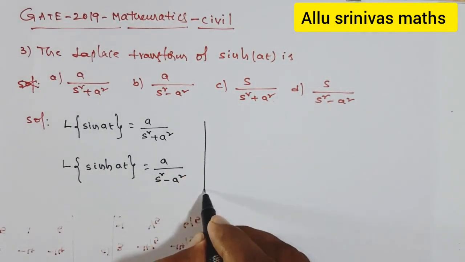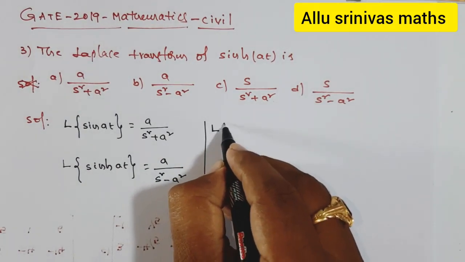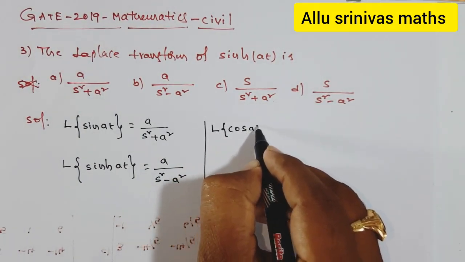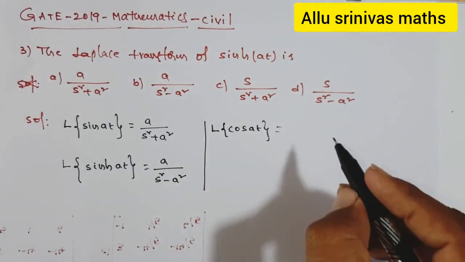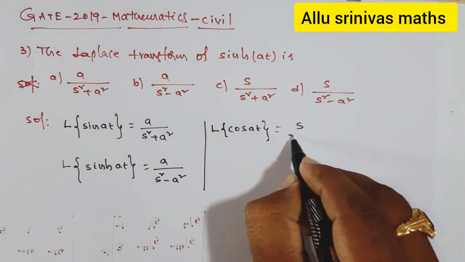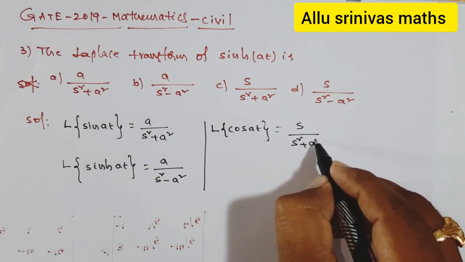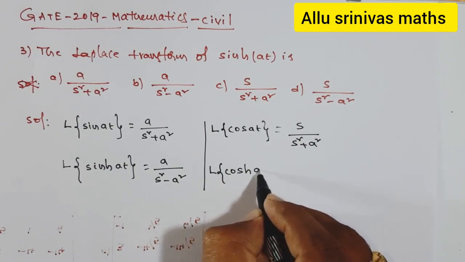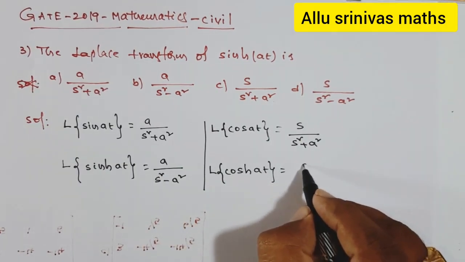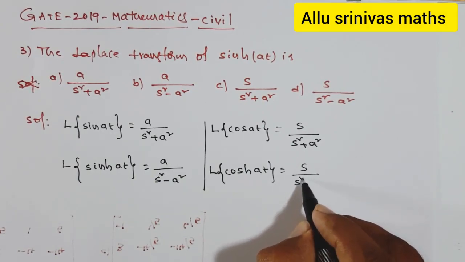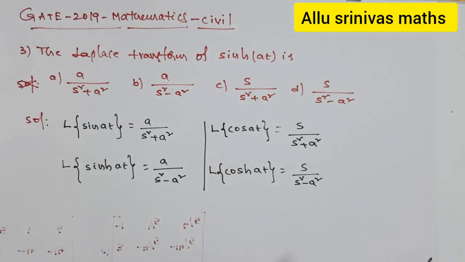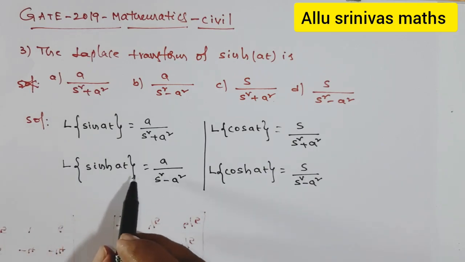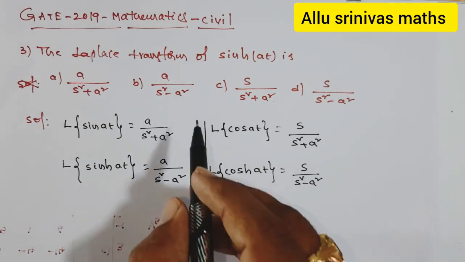Next we write L of cos at, the trigonometric function: s by s square plus a square. Next the hyperbolic cos, denoted by cosh at, change the plus sign: s by s square minus a square. These are the standard formulas in Laplace transforms; you remember this. So the answer is the option L of sinh at is a by s square minus a square. The answer is B.